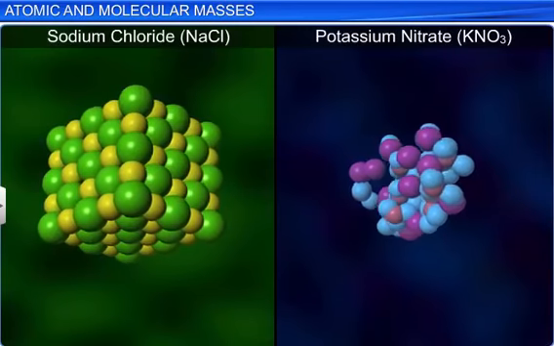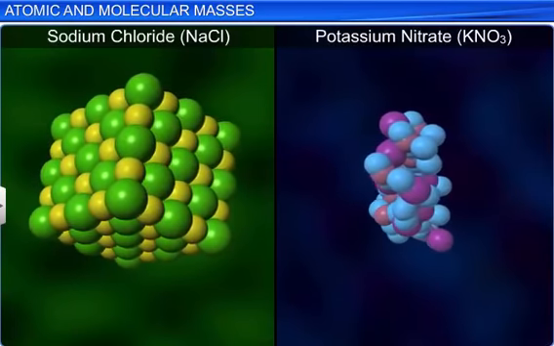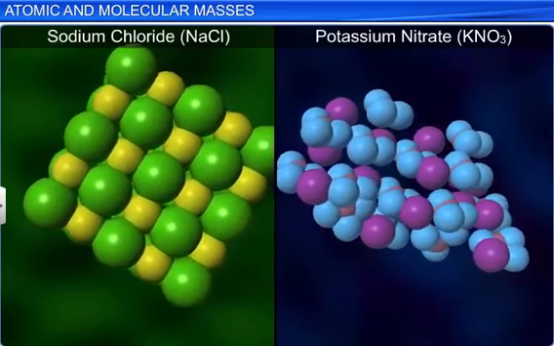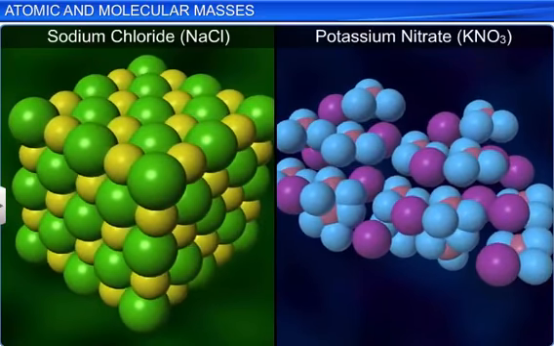Lastly, let us look at ionic compounds. Ionic compounds such as sodium chloride or potassium nitrate do not contain discrete molecules as their constituent unit. The ions in such compounds are closely packed in a 3-dimensional structure.